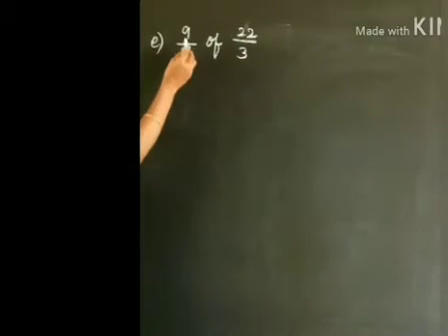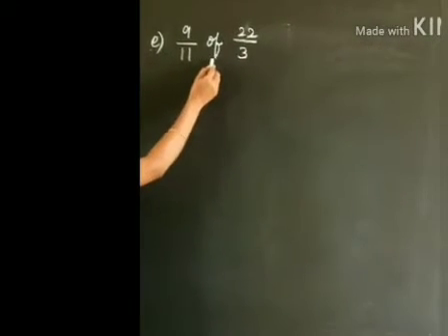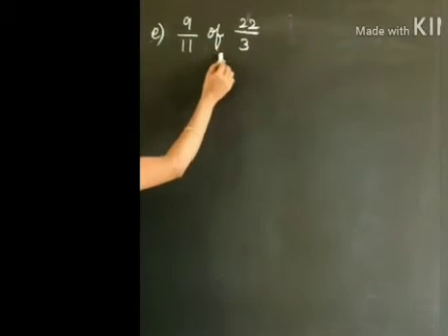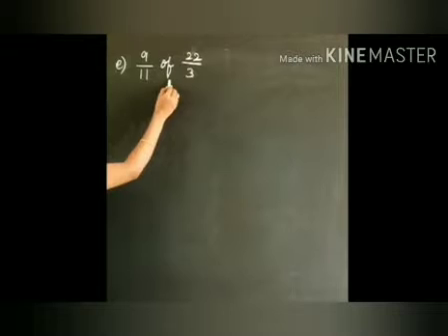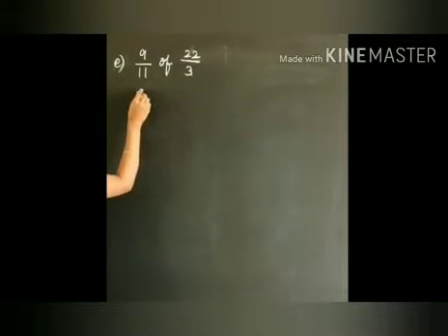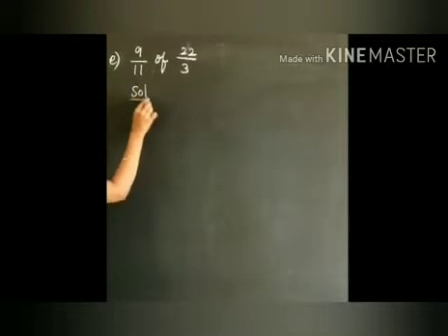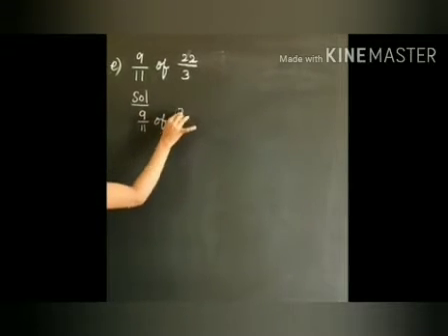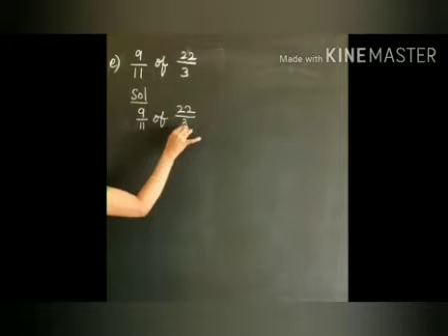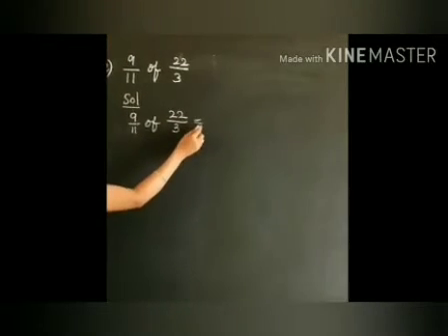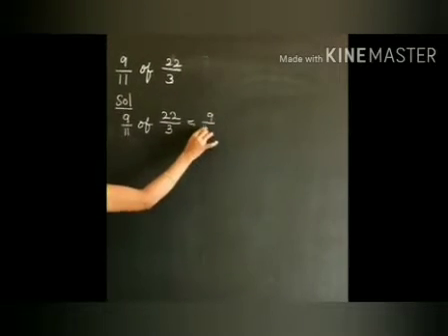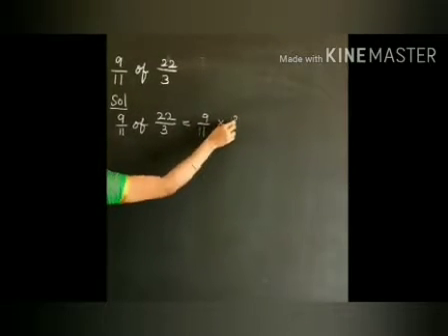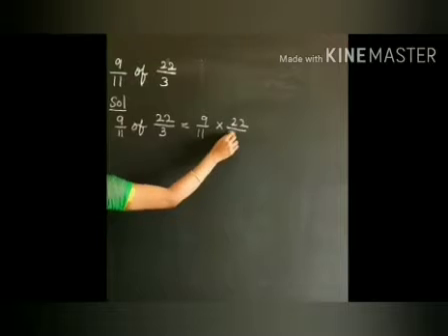Next is sum 9 divided by 11 of 22 divided by 3. So this also, "of" represents multiplication operation. Let us come to the solution. 9 divided by 11 of 22 divided by 3 is equal to 9 divided by 11, that "of" represents the multiplication symbol, 22 divided by 3.